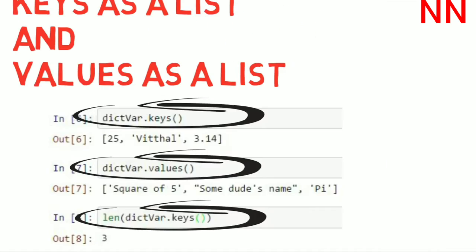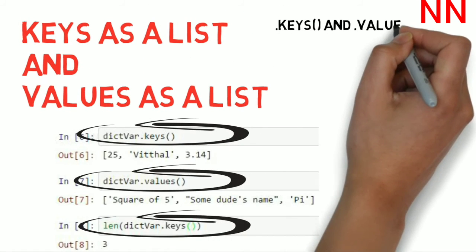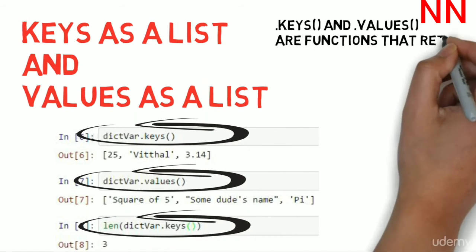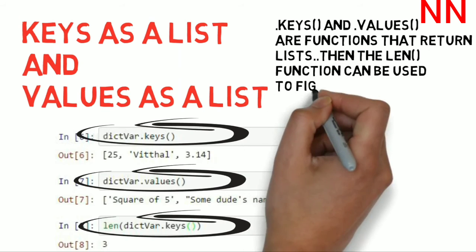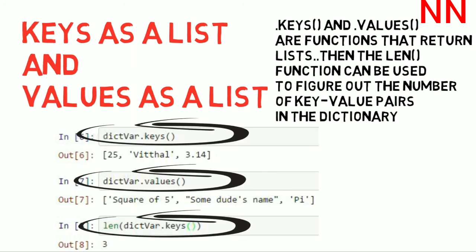The length of dict_var.keys will tell us how many key value pairs are in this dictionary. So the way to figure out the length of a dictionary, how many key value pairs it has, is to get either the keys or the values as a list and figure out the length of that list.